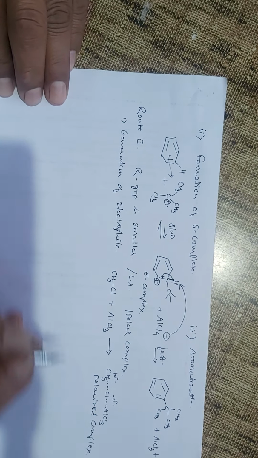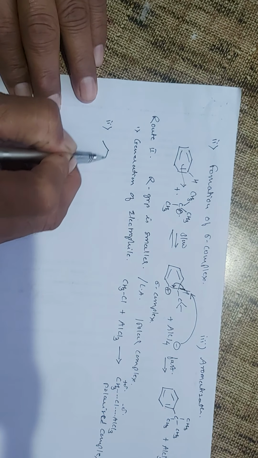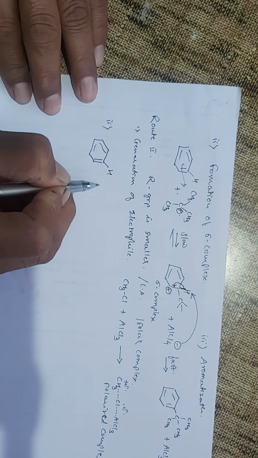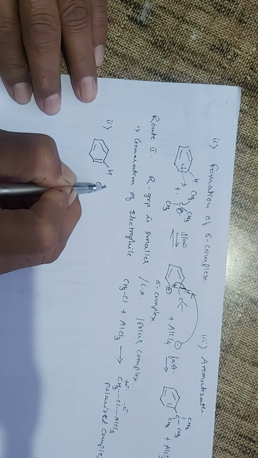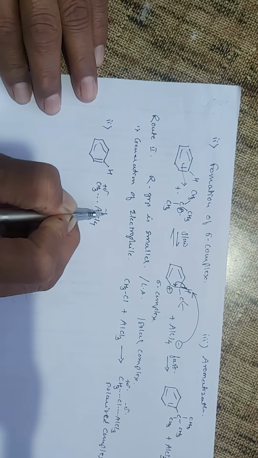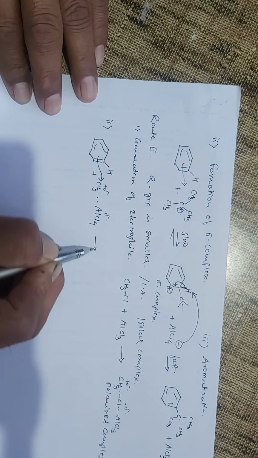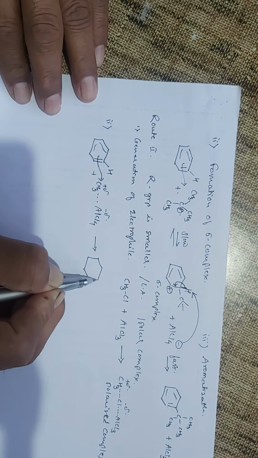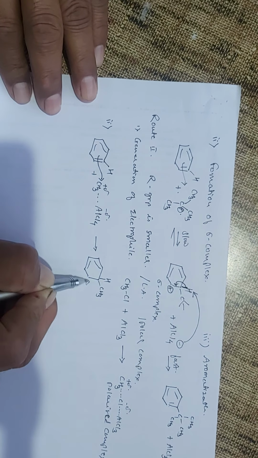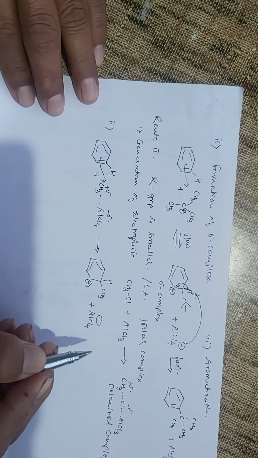This complex reacts with the benzene nucleus, which is nucleophilic in nature and donates the electron pair, and this is the way in which it forms the sigma complex, that is, the carbocation is obtained as an intermediate, plus AlCl4 minus, the conjugate base.